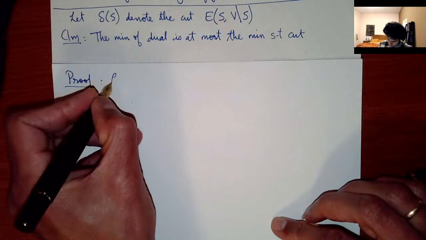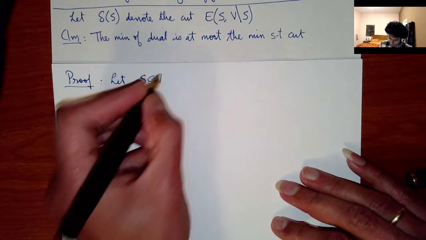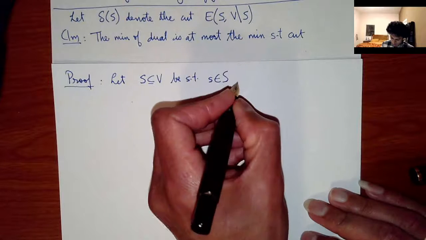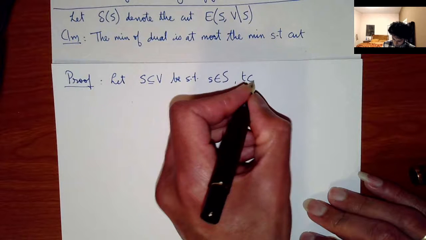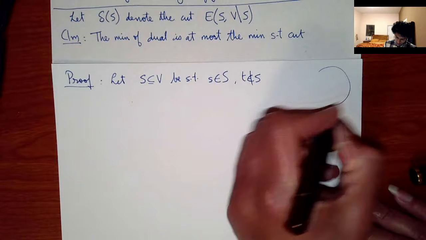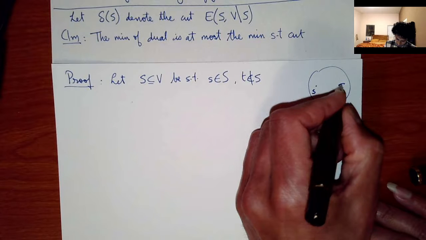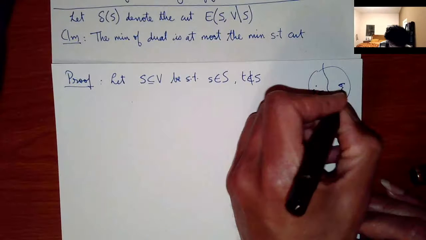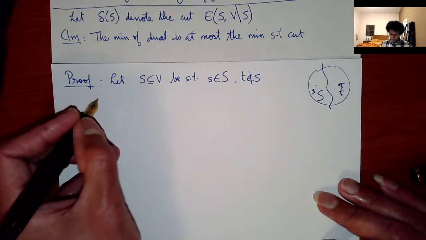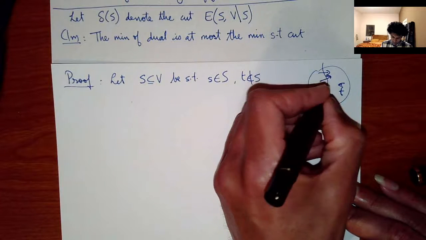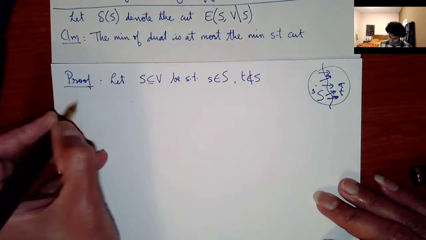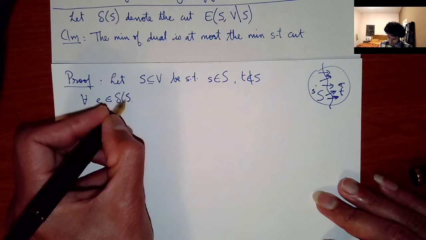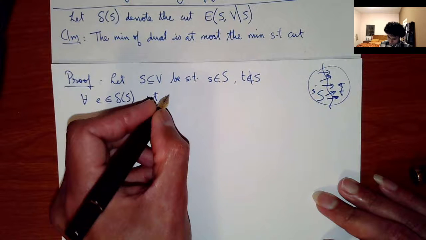So let S, a subset of V, be such that little s is in S, and t is not in S. So here is s, here is t, and this is some set S. What you can do is, for all edges in delta S, set y_e equal to 1.